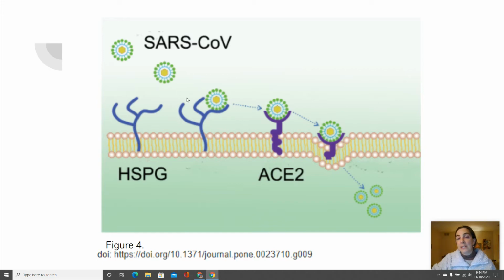It has to attach to these carbohydrates on the outside to help it reach that protein receptor. And the protein receptor is what helps it get taken into the cell. So think about what you read in the article and how the treatments they're suggesting might help to prevent infection from COVID-19.